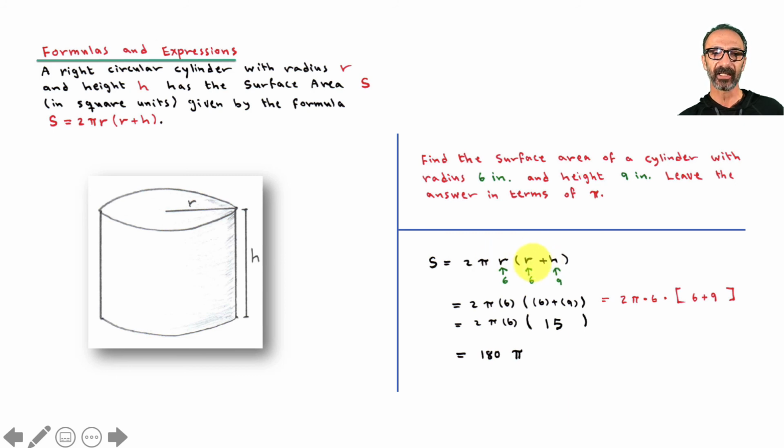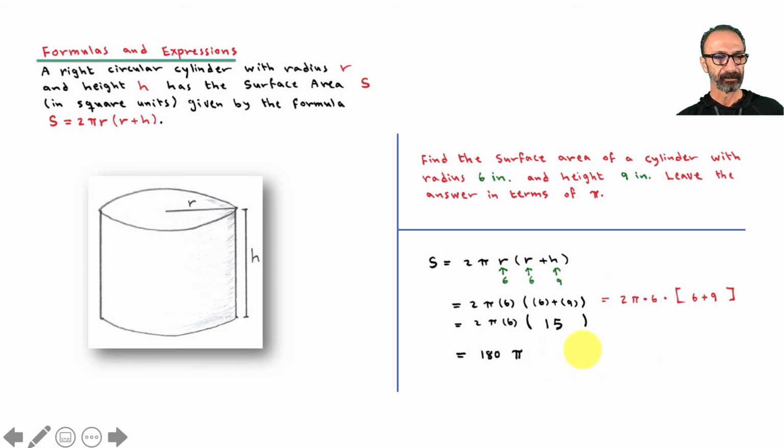We do the inside part, grouping symbols. 6 plus 9 is 15. And everything after that is just multiply. You could move the pi up front, commutative property, you could do whatever you want. But at the end you have 2 times 6 times 15, which is 180, and they told me to leave the answer in pi, so it's 180 pi.